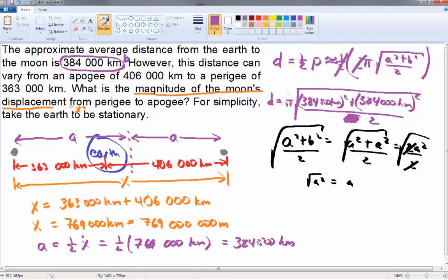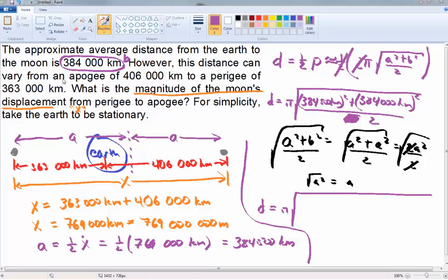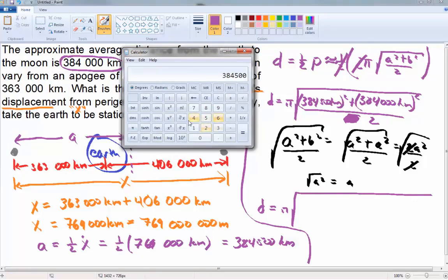Okay, so let's plug in numbers for what we actually have here. What we have is d equal to pi times the square root of, and now we're going to have to take this number that we just found and square it. So we end up with this number.